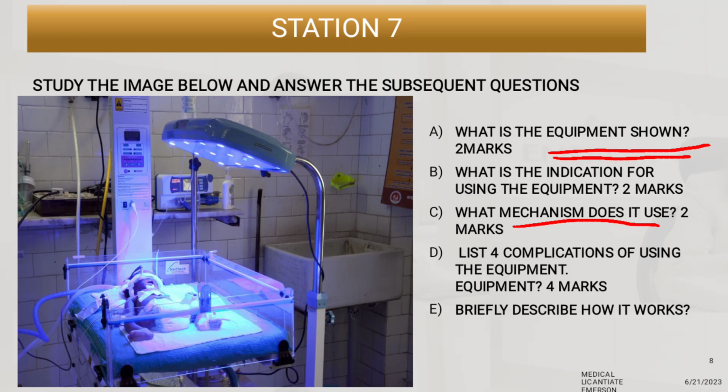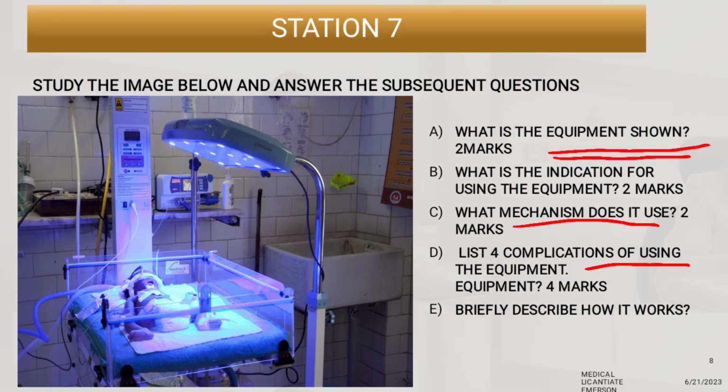The three mechanisms are photooxidation, photoisomerization, and structural isomerization. Then we are done with this question on mechanism.